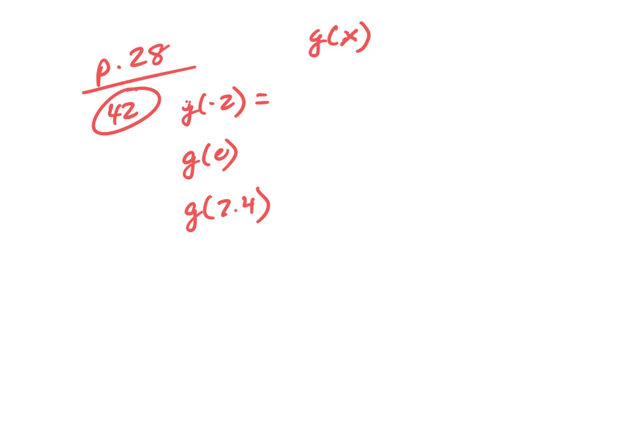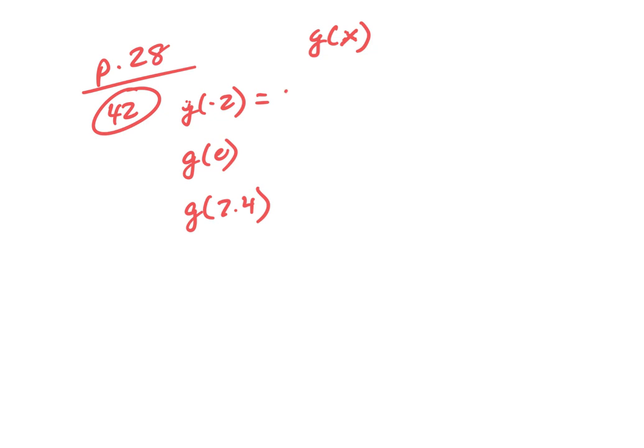So we're going to use the graph to help us evaluate. If we look at the graph of number 42, what we're looking for is where negative 2 is as an x value, and what is the y value associated with that x value? So find negative 2. What y value is associated with negative 2? 4.